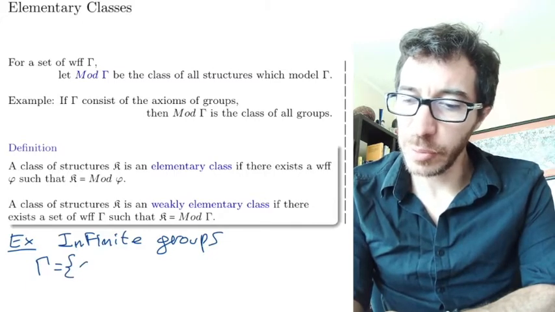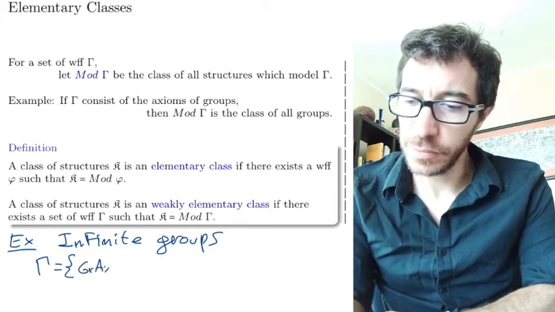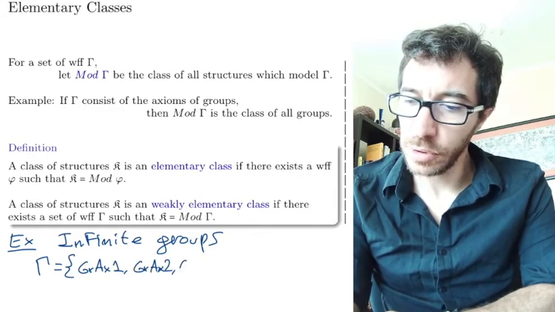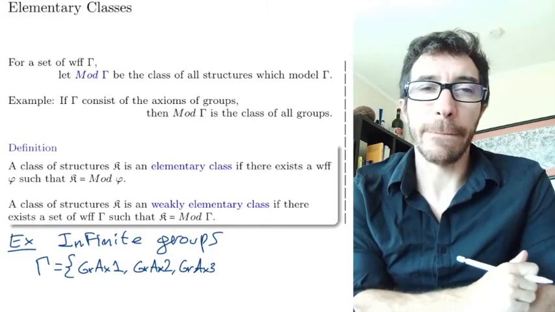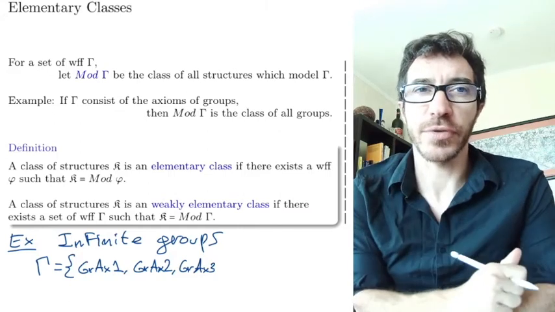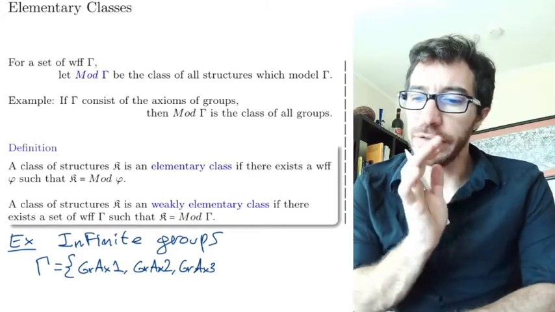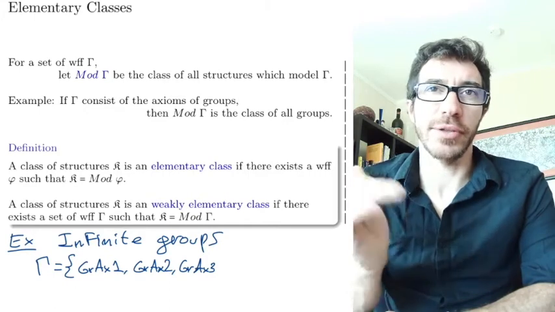So this is going to be group axiom 1, group axiom 2, group axiom 3. Those are in the previous slides. So these are the 3 axioms for groups. So together, if something satisfies those 3 axioms, it's a group.